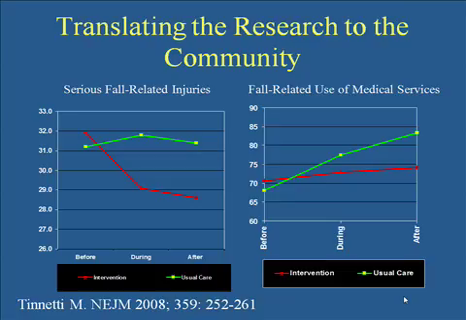It's been very interesting to see Dr. Tinetti's work as she's tried to translate her research on individual patients and in communities to broader communities.